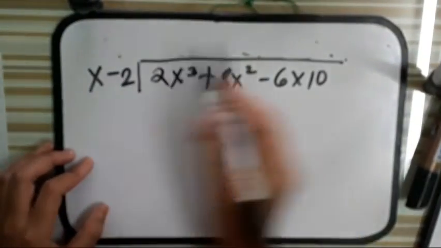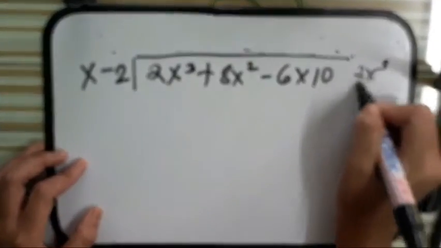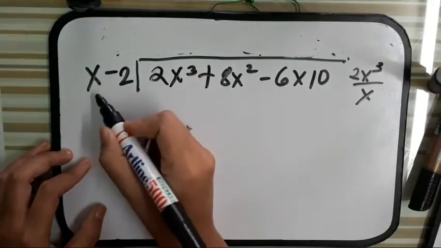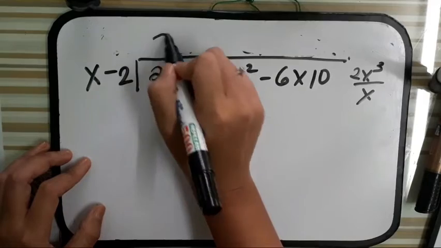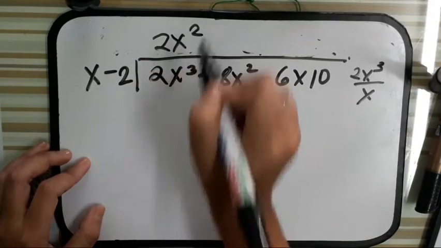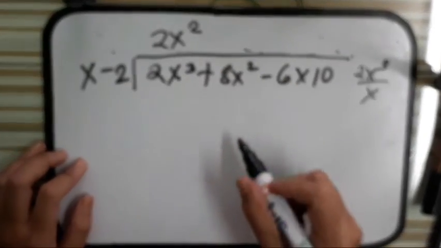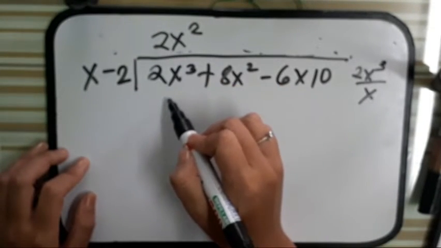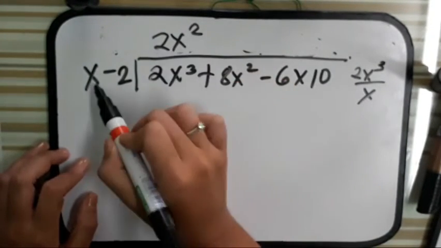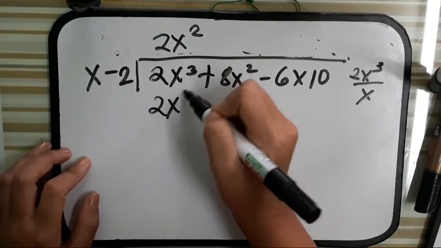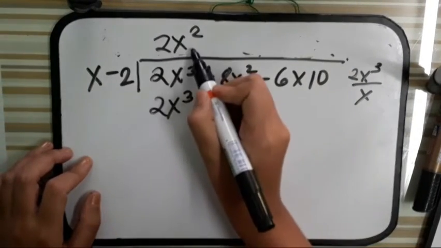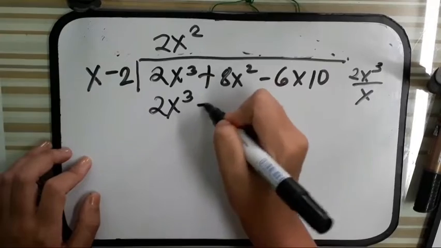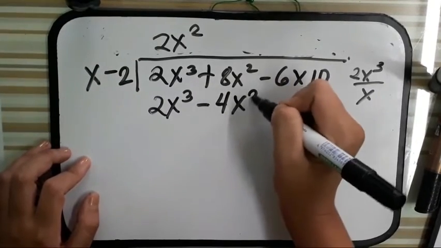Consider the first term. So we divide 2x cubed by x. The answer is 2x squared. Then distribute 2x squared and write the answer here. So 2x squared times x is 2x cubed. 2x squared times negative 2 is negative 4x squared.